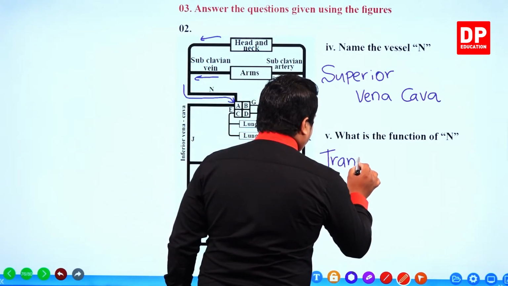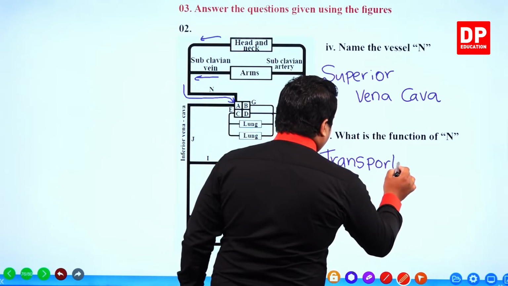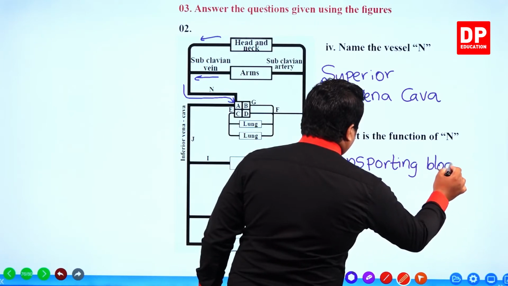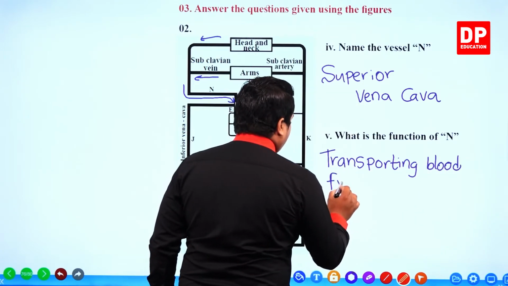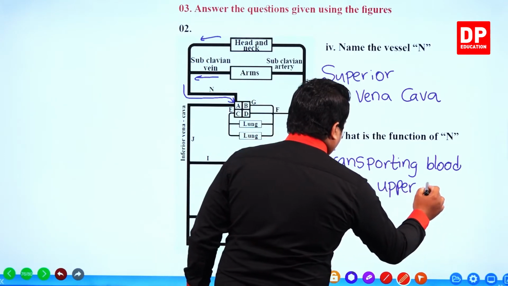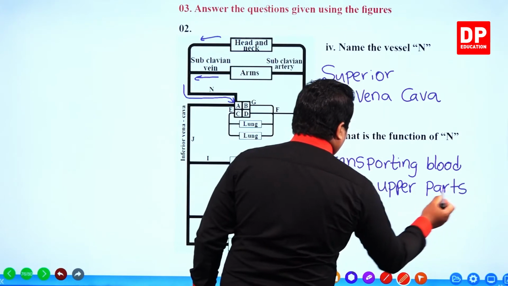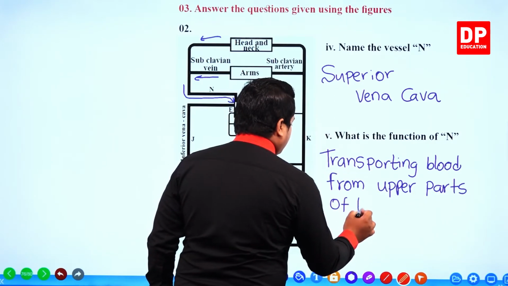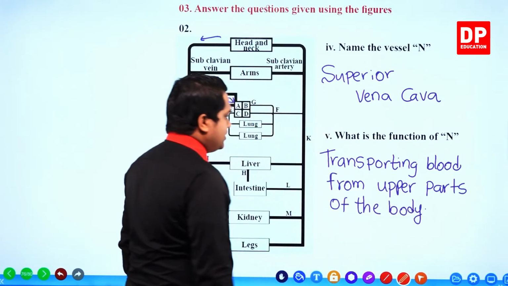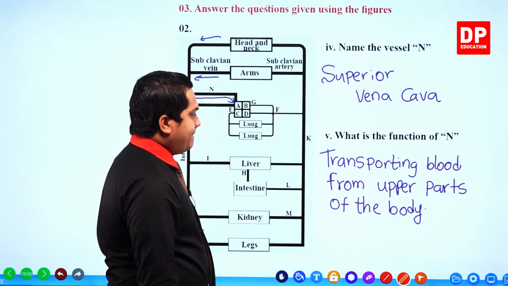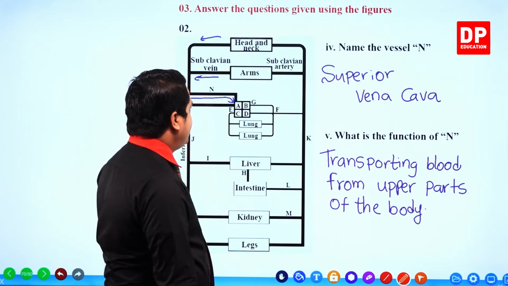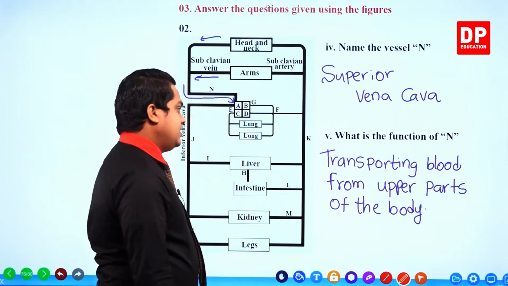Transporting blood from upper parts of the body, right? So transporting blood from upper parts of the body is carried out by N, which is the superior vena cava. Okay, right, my dear children.